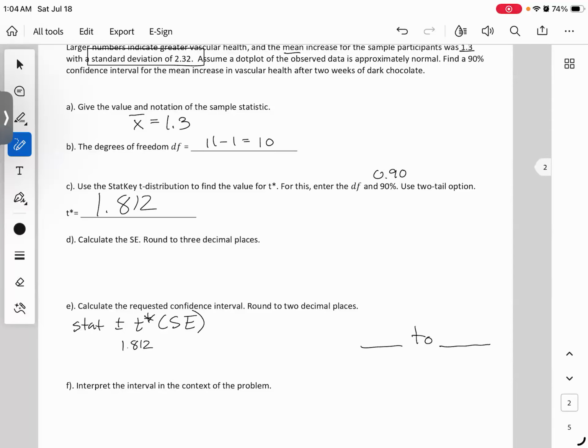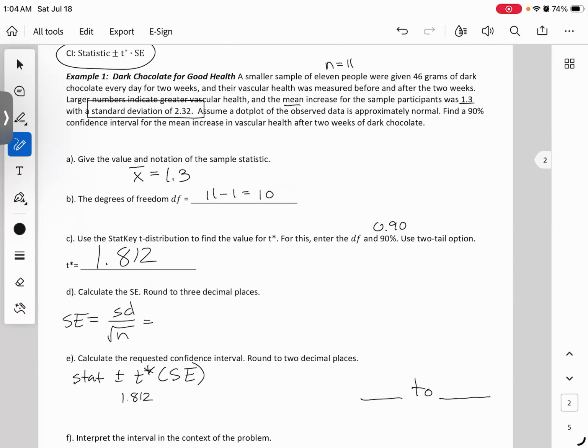The good news is that the standard error formula is pretty quick. It's the standard deviation divided by the square root of the sample size. And I have a little rectangle around the standard deviation. It's the 2.32. And then the square root of 11. And you can double check it, but that should give you 0.700.